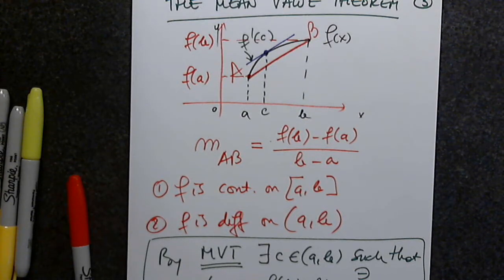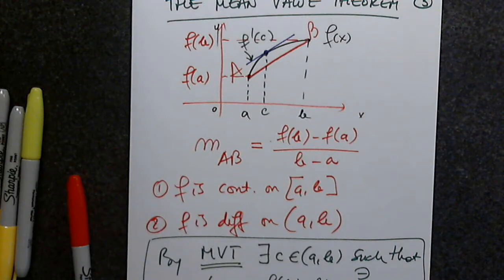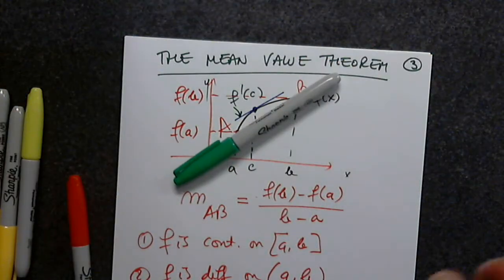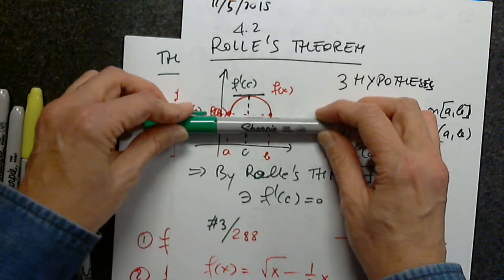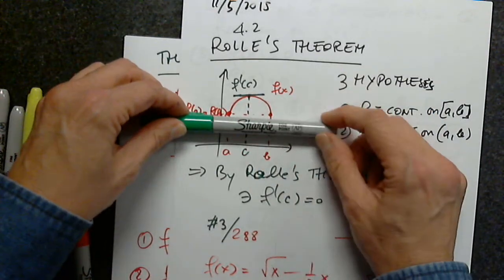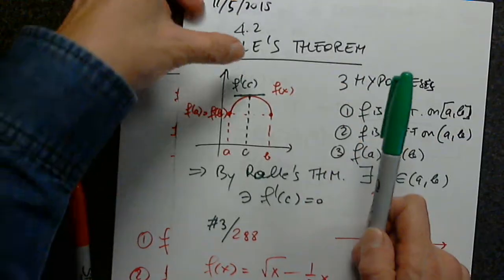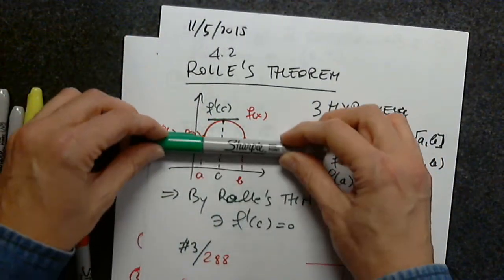Then there must be a value, c, in the open interval, a comma b, where f prime of c equals, and this is basically the same thing, right? So this is the slope of this line, which is 0. But this is the general case. So this is for a specific case.